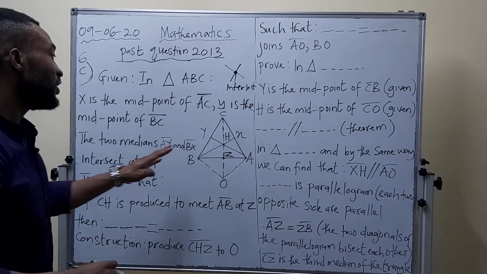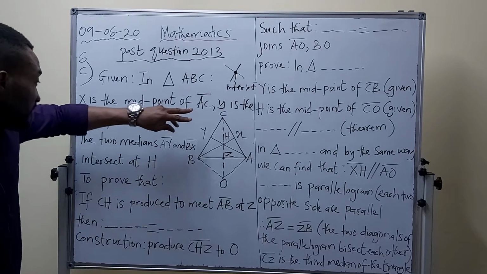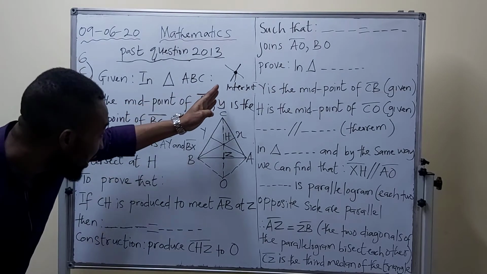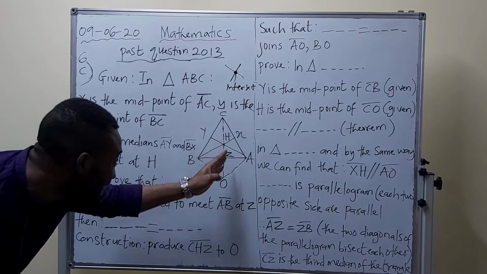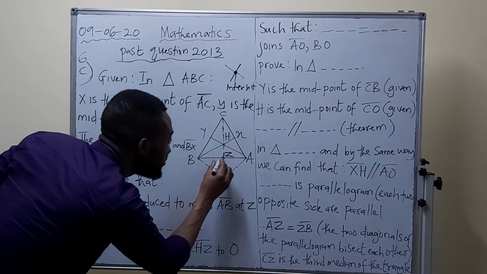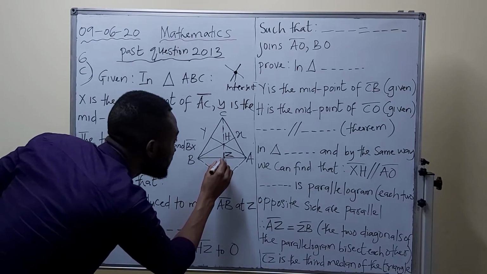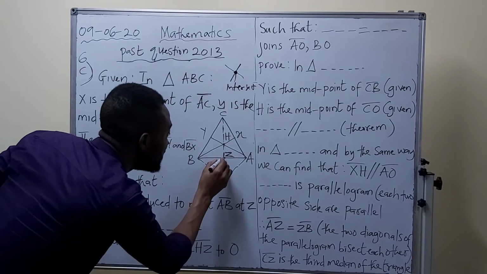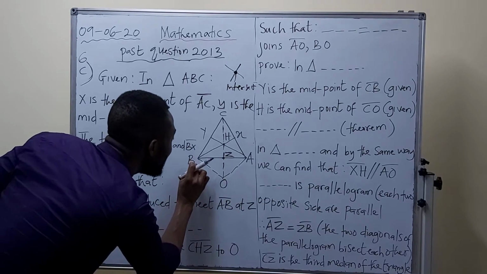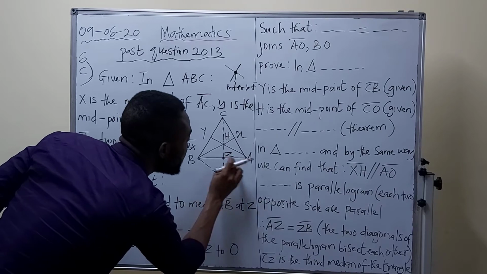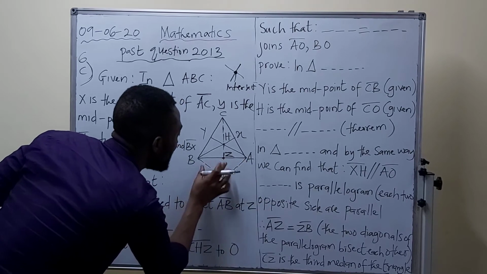As you can see, they say CH is produced down, and by the time we stop here at Z, if you look at the distance between here and here, they are equal.